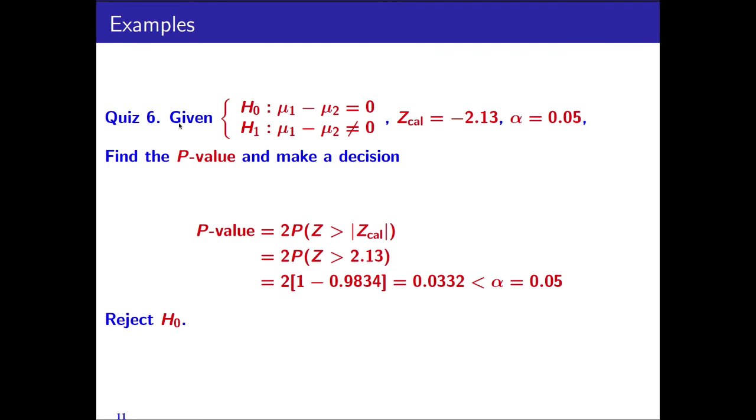This question is from quiz number 6. Given a set of hypotheses H1: mu1 minus mu2 not equal to 0 versus H0: mu1 minus mu2 equals 0, the test statistic zcal is equal to negative 2.13, alpha equal to 0.05.